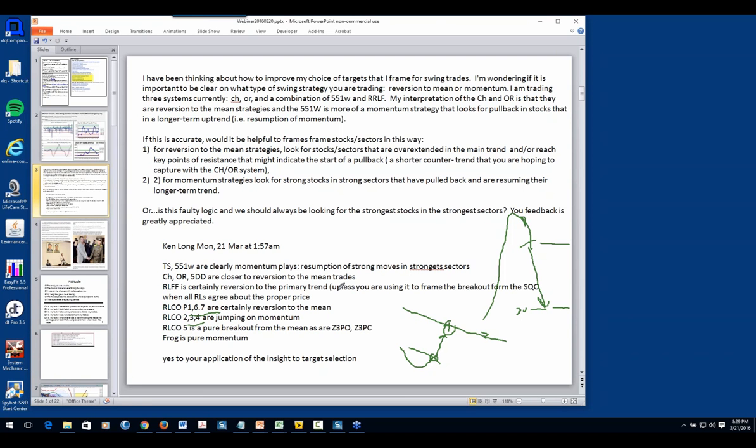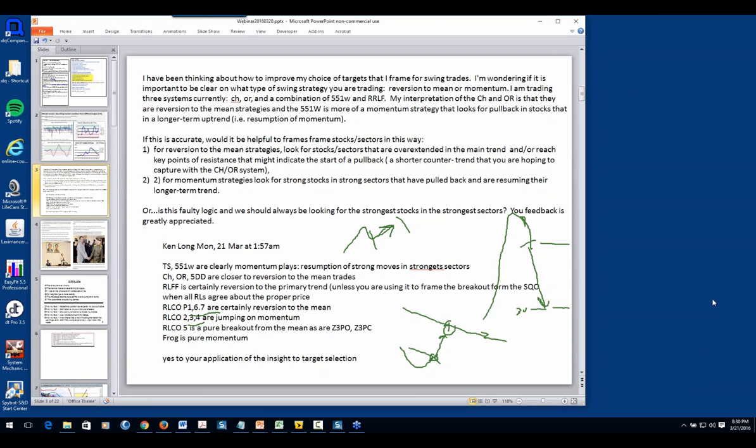2, 3, and 4 are those continuation patterns where you have this one, it worked, and now you're getting this next move. And so this little segment of the trade right here looks much like that triple screen in the 551W, and so that makes it a momentum play. And then the only difference between 2, 3, and 4 is where the support level is found.